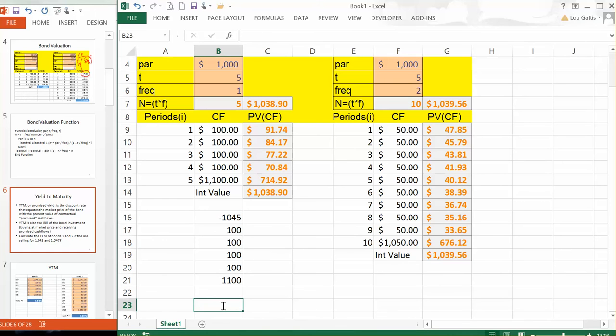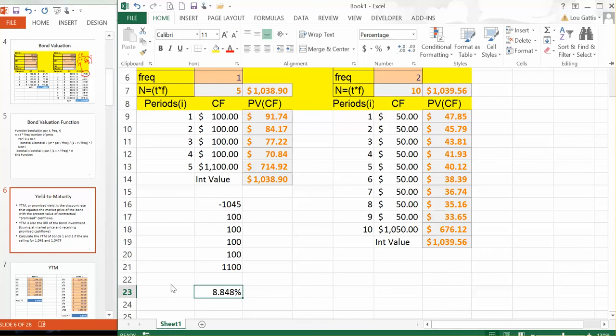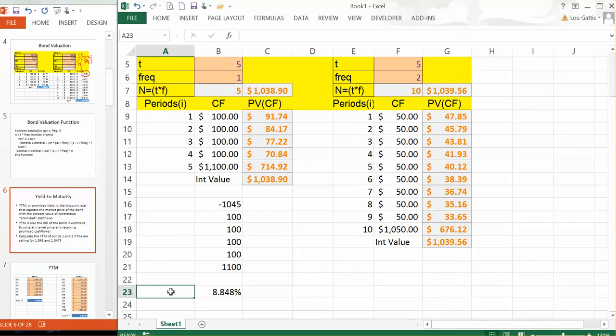I can then just take an IRR of that series. And we would call that our IRR of the bond investment, but in the bond world we'll call it the yield to maturity. It's the yield you would expect to earn given the current market price. So it literally is the IRR of the investment of the bond, assuming the bond makes all the contractual payments.